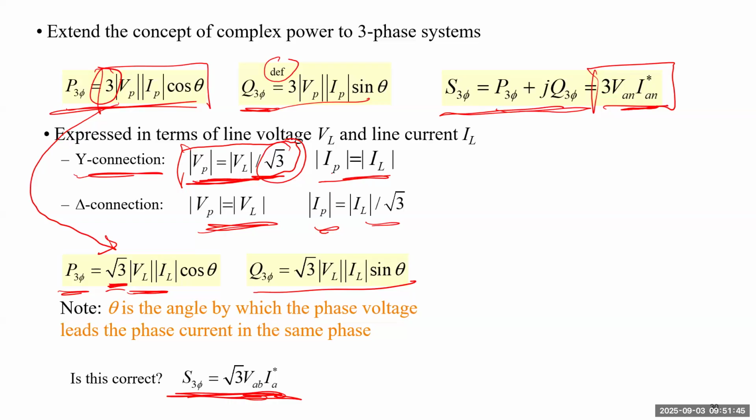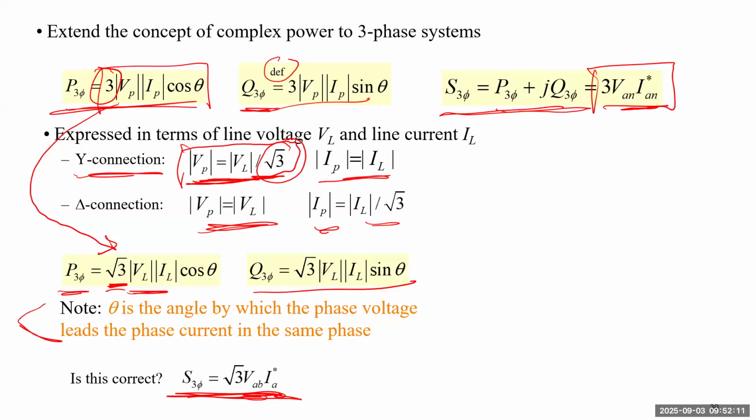Earlier, in the single phase circuit, we defined complex power as the product of a voltage phasor and the conjugated current phasor, right? Can you do this one? Because from here we only need to multiply the product by 1.73. So is this correct? You cannot do it. This cannot be correct. Why?